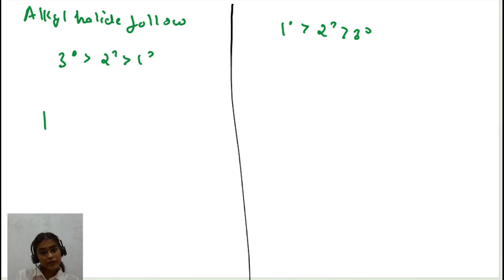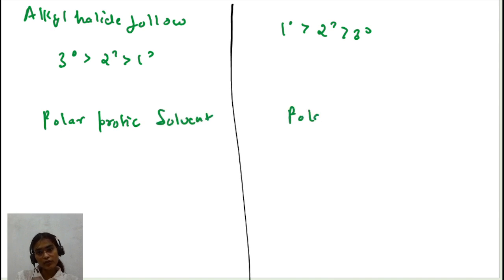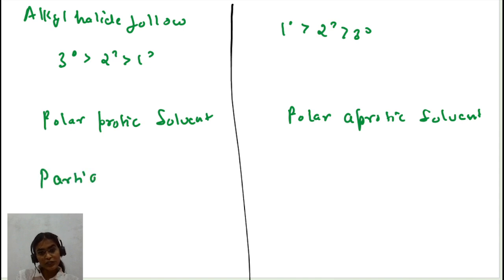And here we require a polar protic solvent, and this side a polar aprotic solvent. This side is partial racemization. I hope you remember the word racemization, because we already covered this in the previous class.